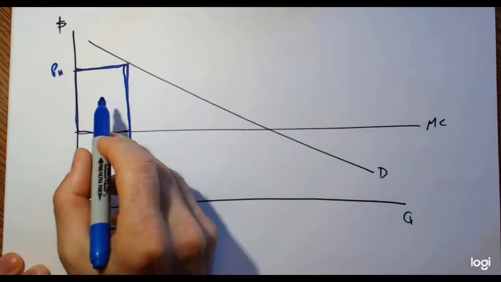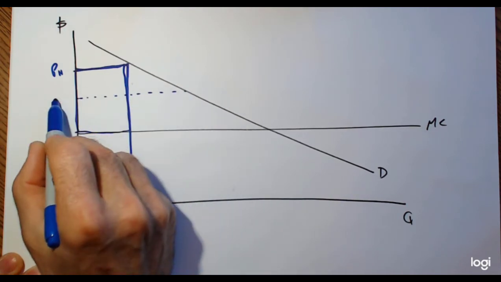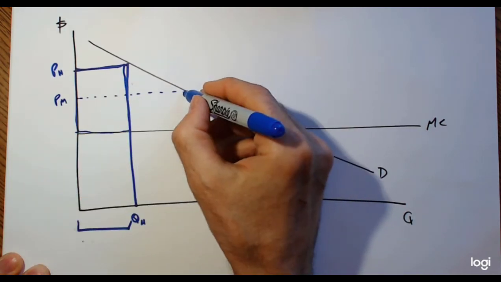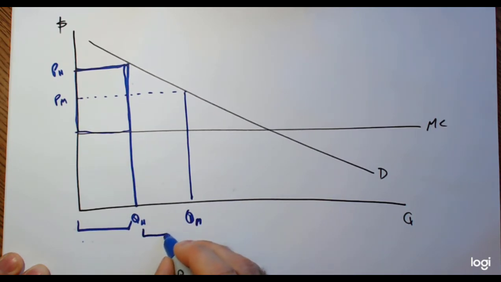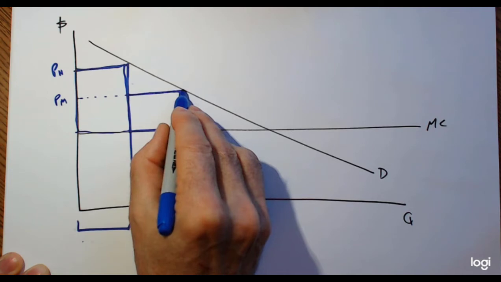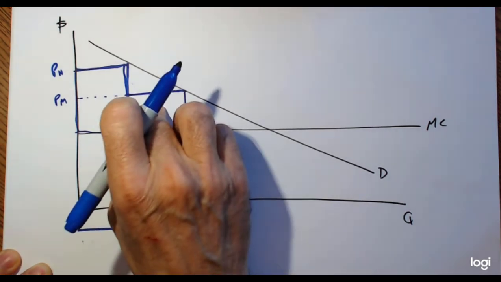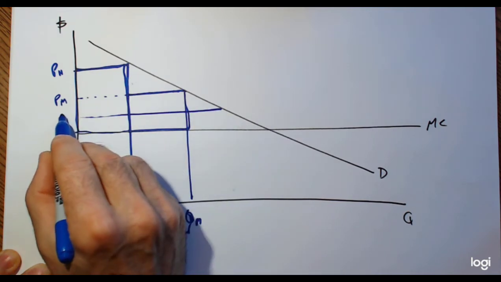Now, there's people who will wait a bit, and they'll pay a lower price. I'll call it PM for middle, and that it's connected with QM. And so here's the sales for the middle-priced people. And the profits for the monopoly will be here for these middle-priced people. Then there could be, imagine, PL for low.